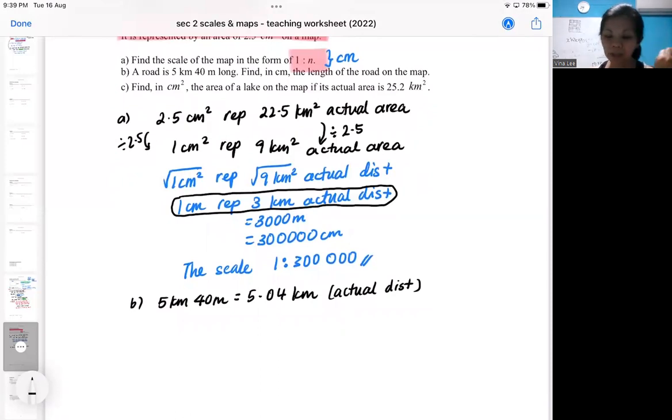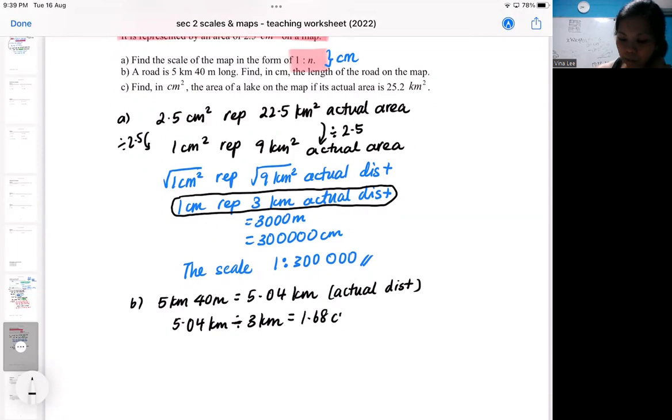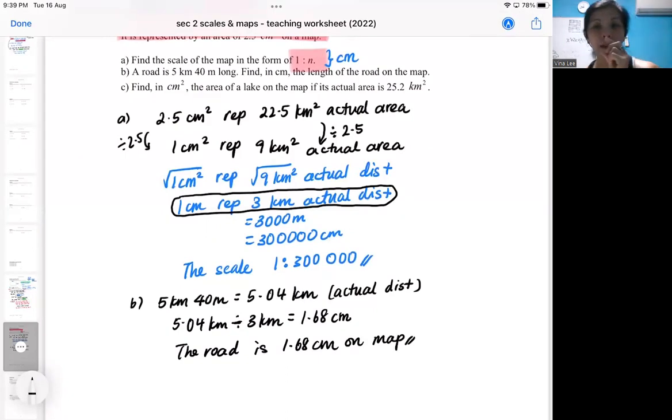How many 3 kilometer are there? You go and calculate how many groups of 3 kilometer. So you get 1.68 groups. So the road is 1.68 centimeter on the map. It's very short, 1.68 centimeter, but it actually ends up like 5 kilometer plus.